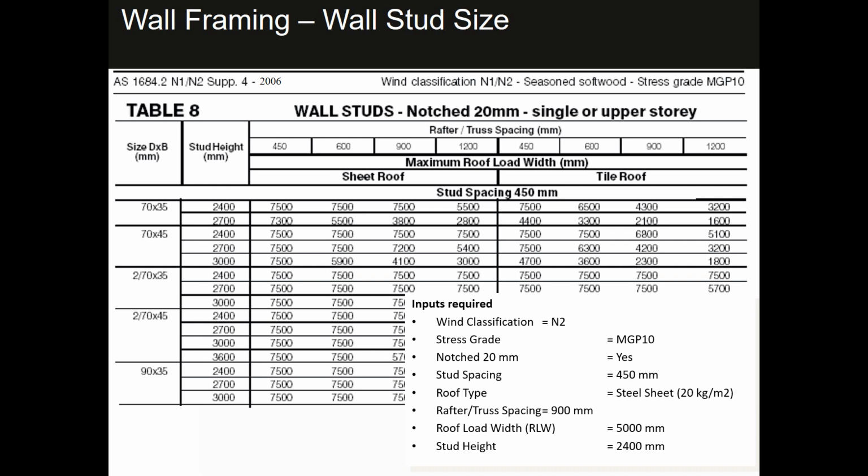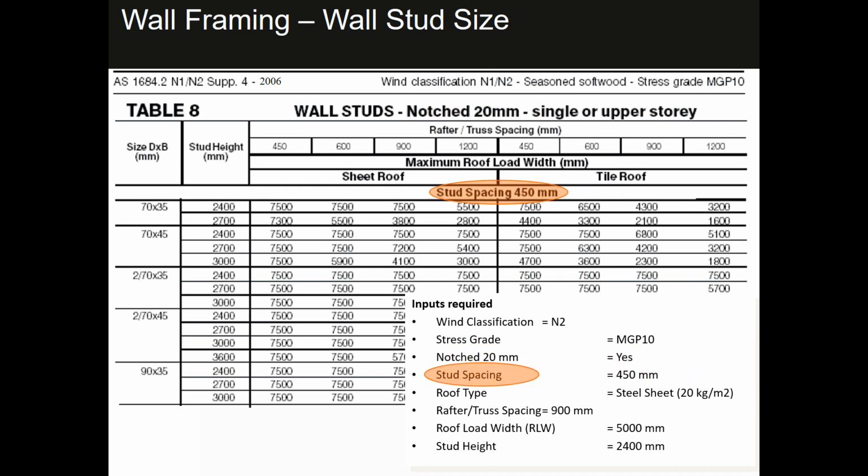Roof load width of 5 metres. So these are our roof load widths in here. So 70 by 35 at 2400 will allow 7.5. And stud height 2400. So that will allow us a 70 by 35 stud, because that will allow a 7500 roof load width at 2400.